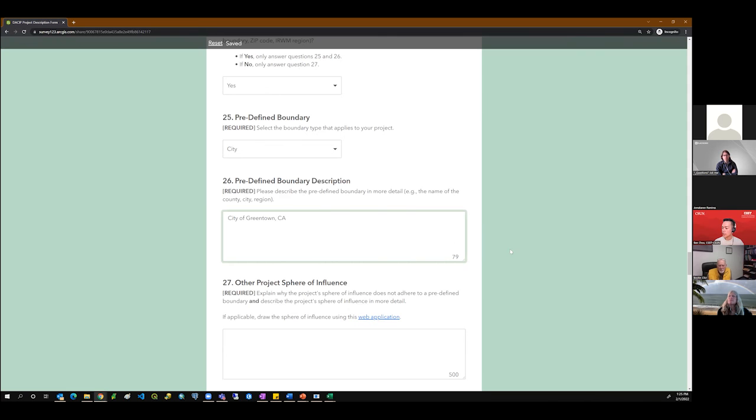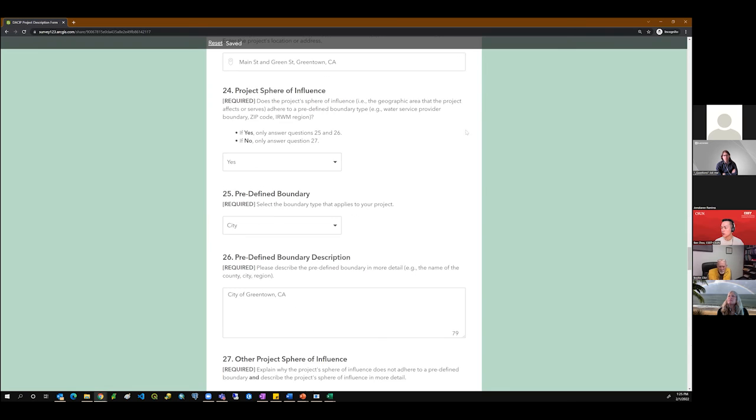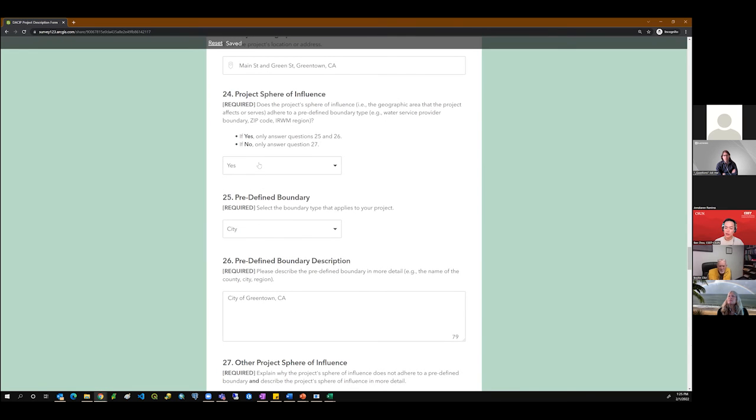So question 27 would only be completed if we had entered no to question 24. So if we had said that the project sphere of influence didn't adhere to a predefined boundary, then we would put no for question 24, and as instructed, we would then answer question 27.